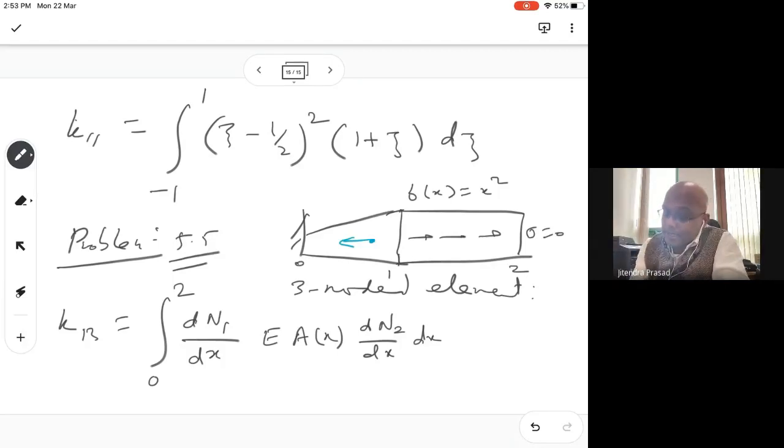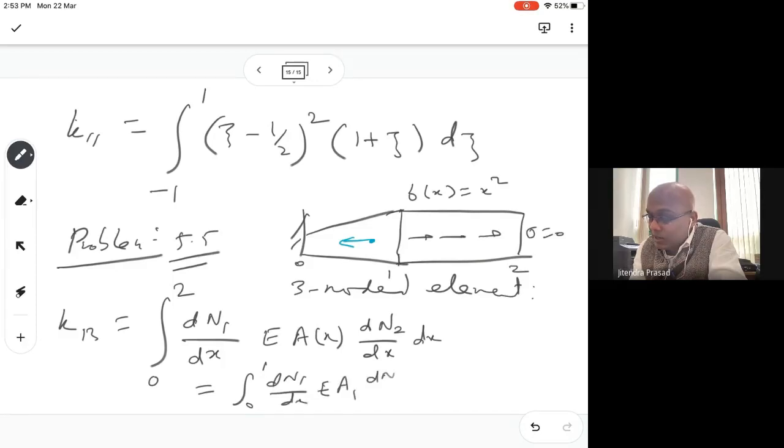The thing is, in your case, these two domains are entirely different. So what you have to do is, you have to say 0 to 1, and then you will have dN1 over dx, E A1, dN3 dx. Sorry, N3, so you write 3 here like this, and 3.